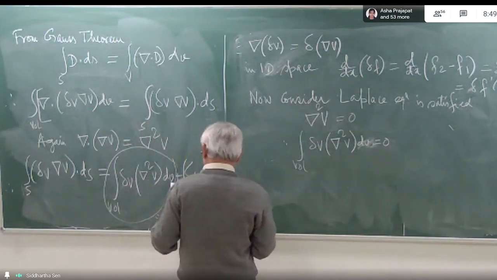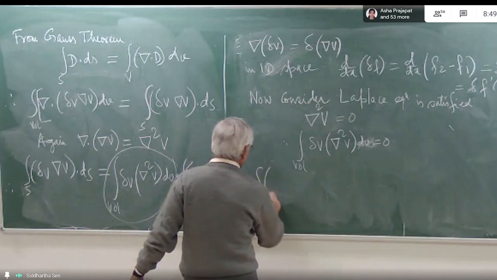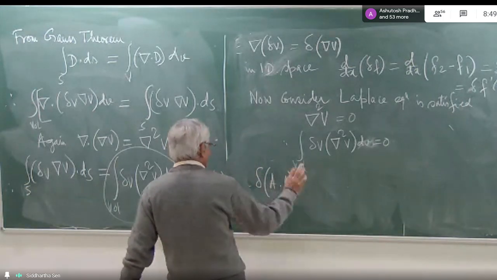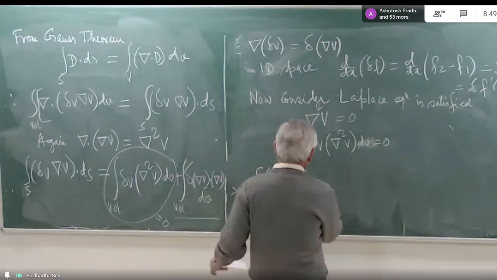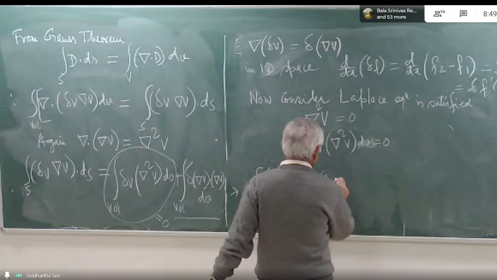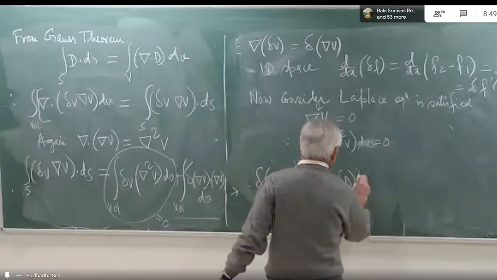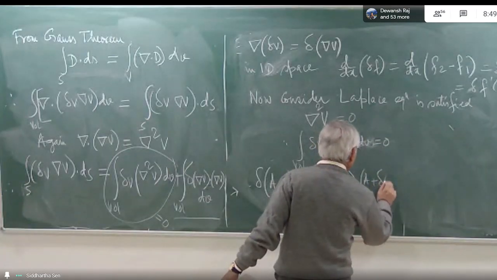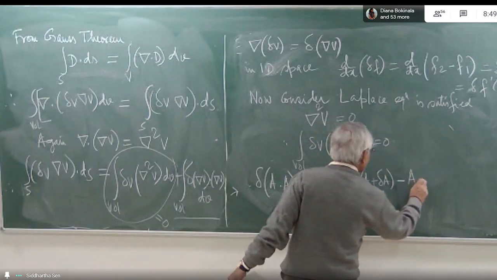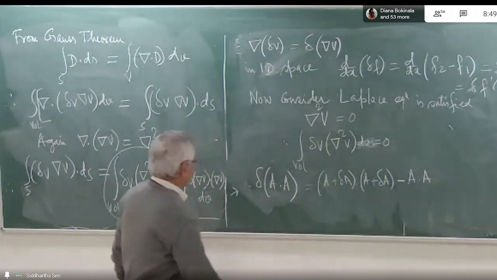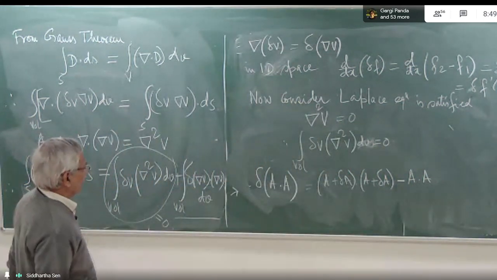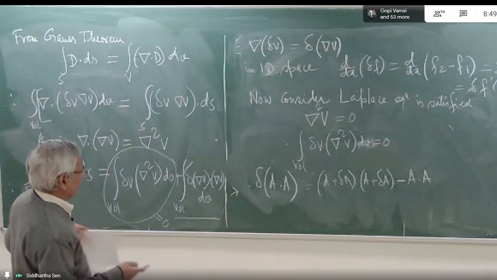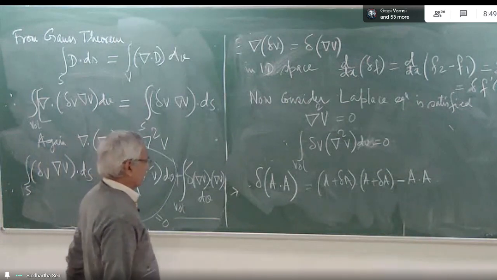So I can write it down as delta of any two vectors A dot A. What is it? It is A plus delta A dot A plus delta A, minus A dot A. Agreed? This is our basic approach for making the increment or the deviation of this one.